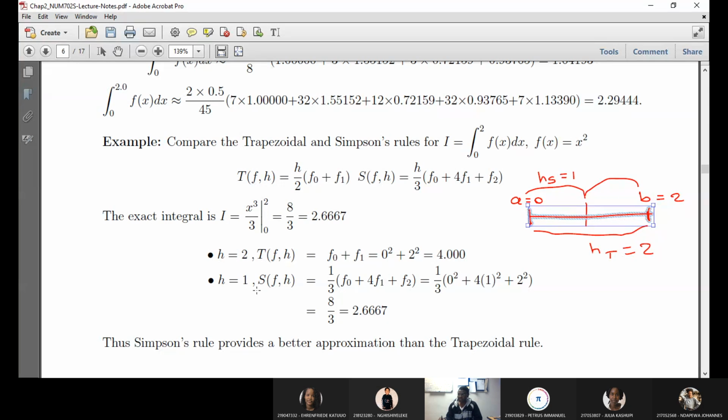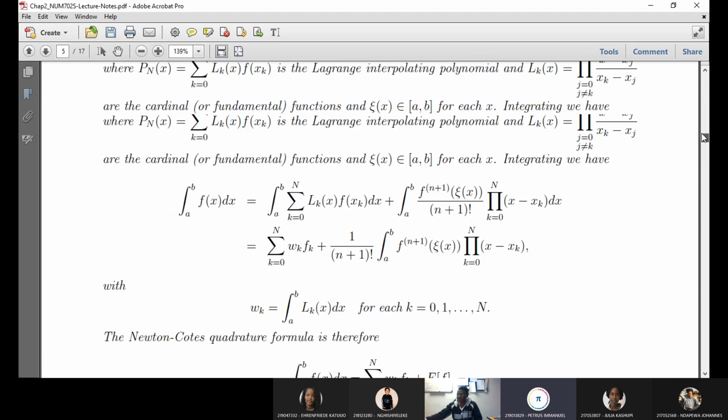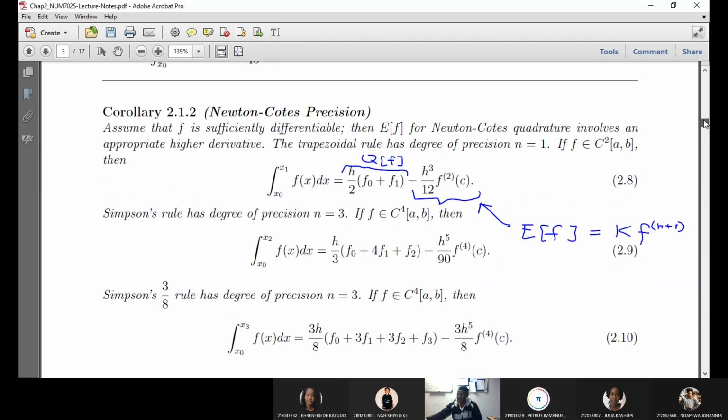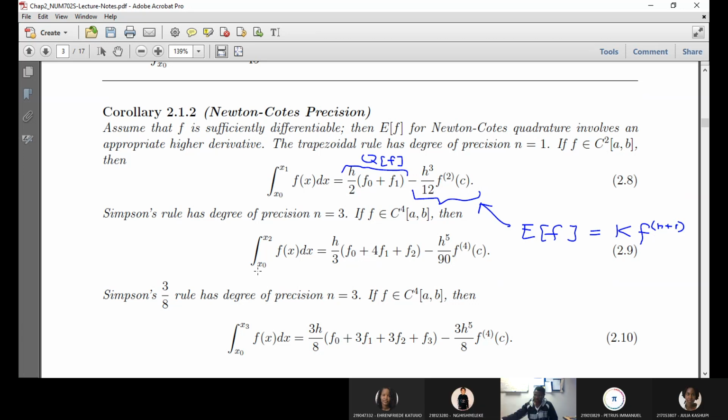So if you apply Simpson's rule, which is this one, we have two sub-intervals. You can see that here we have x0 to x2. So there are two sub-intervals: the first x0, x1, then x1, x2.